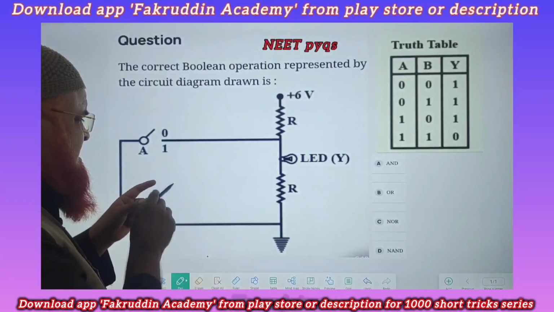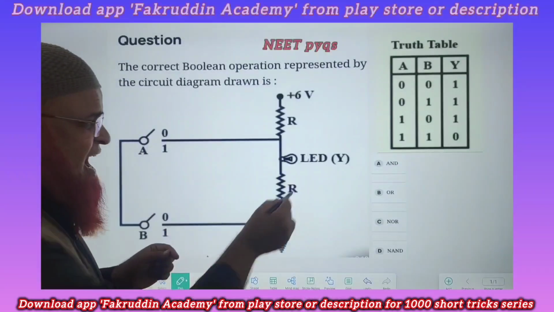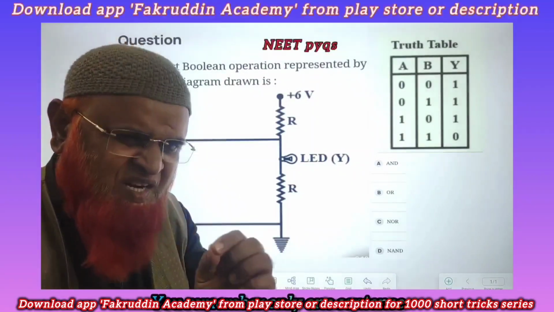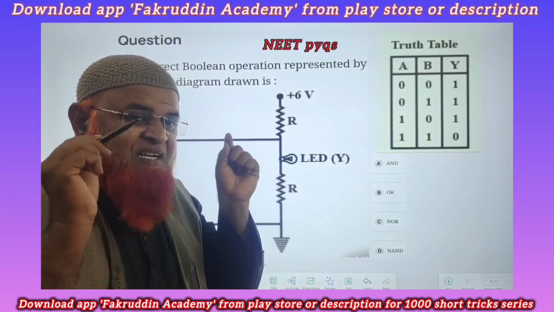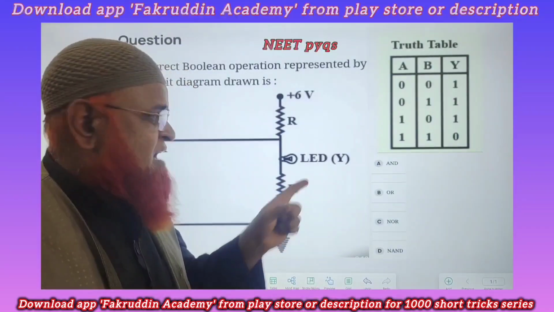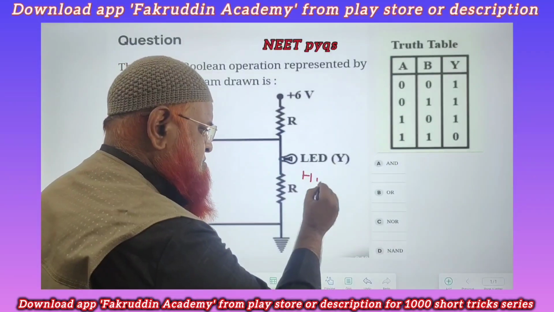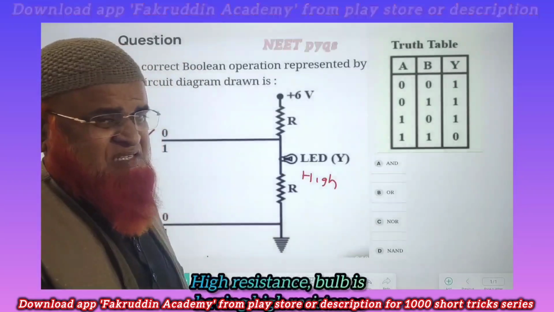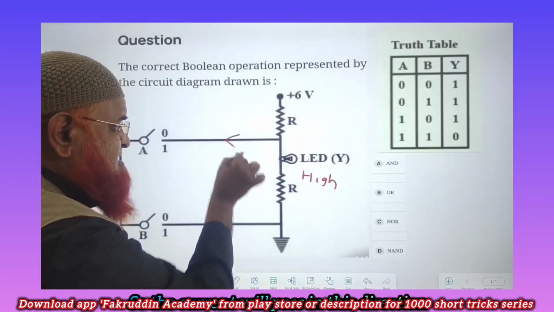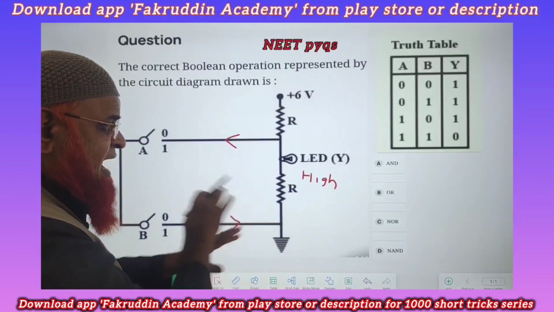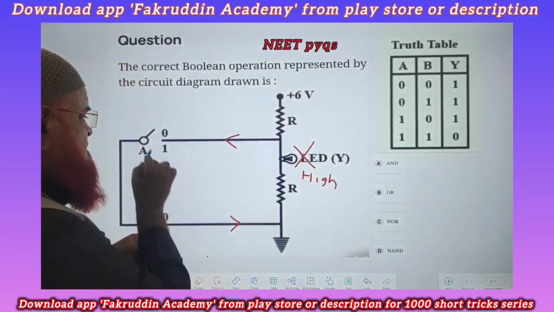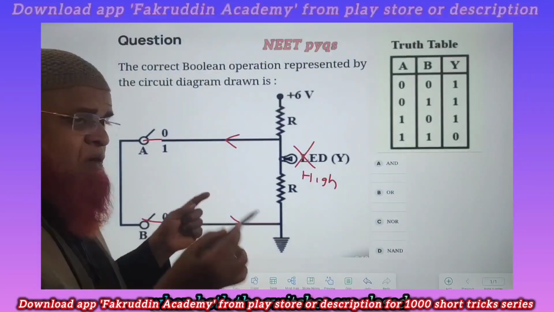My dear students, how can you understand this logic gate in a super simple way? You can just see that these two are the switches and this is a bulb of high resistance. You remember only one sentence, and you can solve this. The current always follows the low resistance path and the bulb has very high resistance, so the current will pass in this direction and the bulb will not glow only when both the switches are closed.